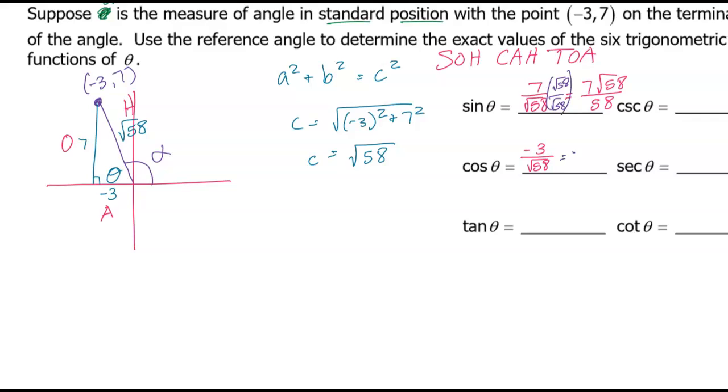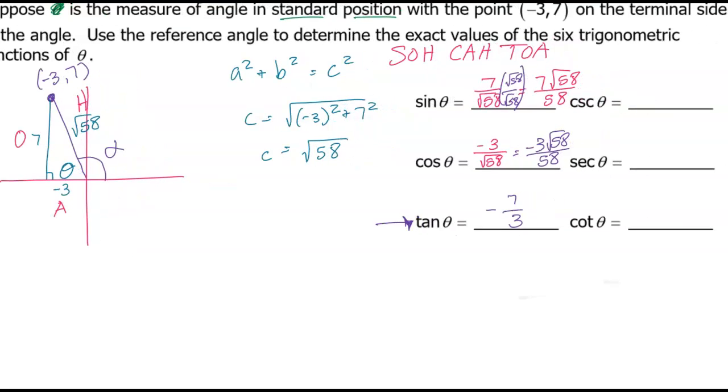And we get negative 3 square root 58 over 58. And tangent's easy. This is actually the trig function you should have used if you were just trying to solve for this angle. What is the tangent of theta equal to? Negative 7/3, yes.